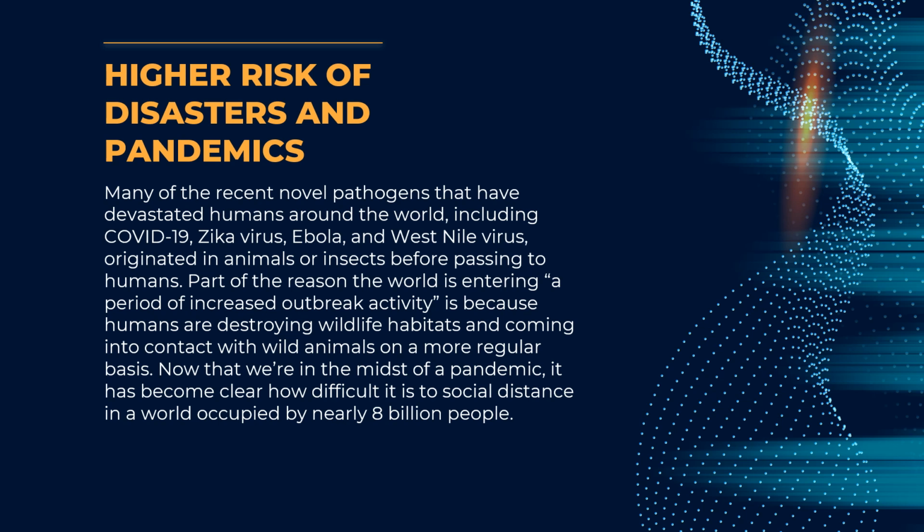Part of the reason the world is entering a period of increased outbreak activity is because humans are destroying wildlife habitats and coming into contact with the animals on a more regular basis. Now that we are in the midst of a pandemic, it has become clear how difficult it is to social distance in a world occupied by nearly 8 billion people.